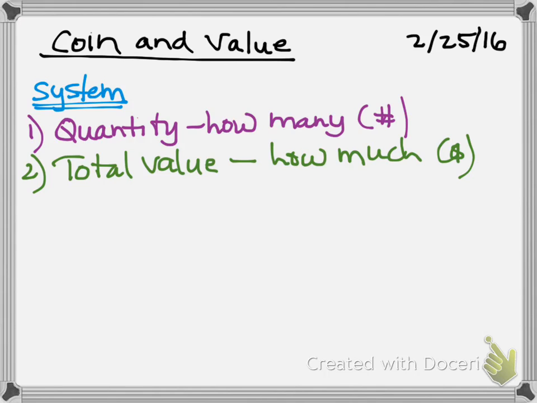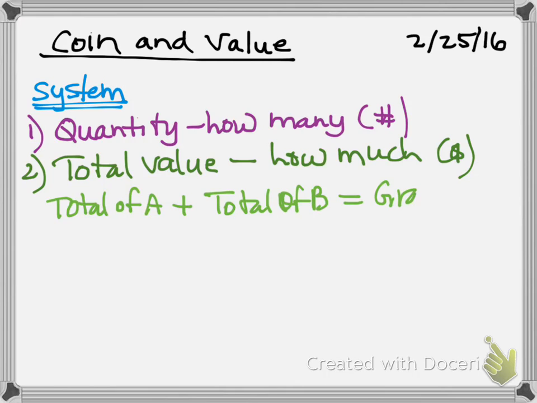So let's say total value of A plus total value of B is going to equal grand total. And how do I figure out what the total of that A is? It just works the same way as this example.